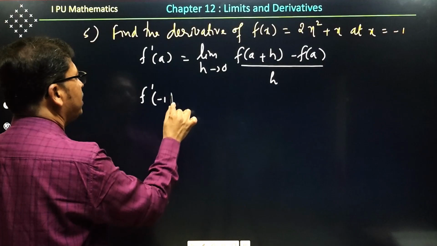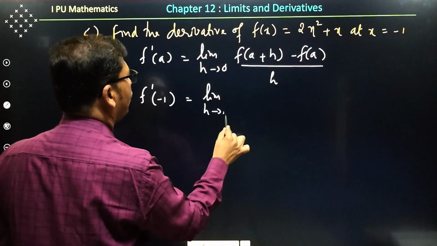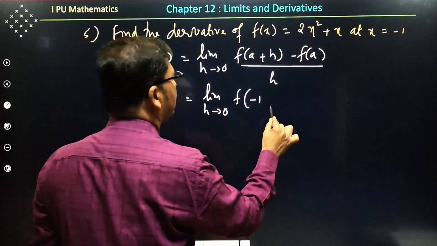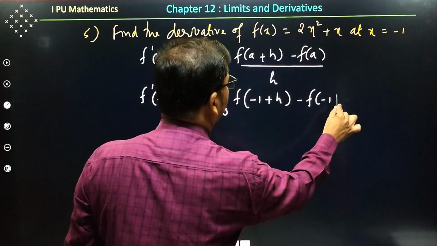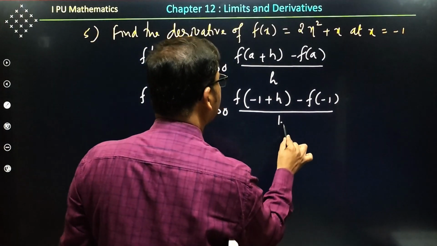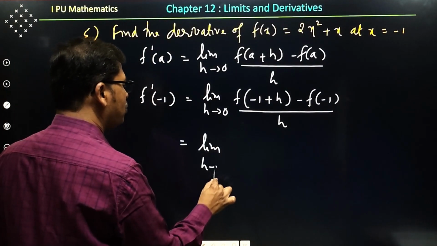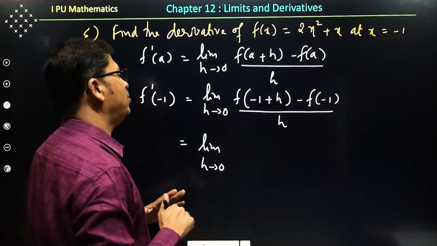So this is equal to limit h tends to 0, f of a is to be replaced by f of minus 1 plus h minus f of a, a is minus 1, whole divided by h. Now this is equal to limit h tends to 0, f of minus 1 plus h.